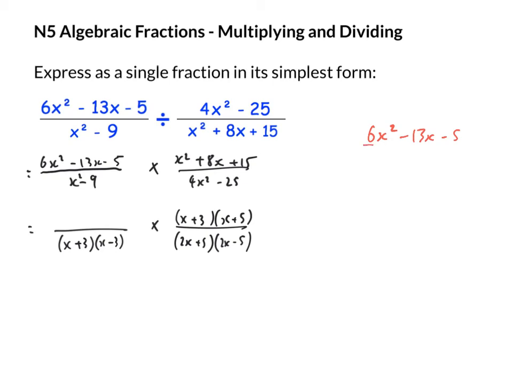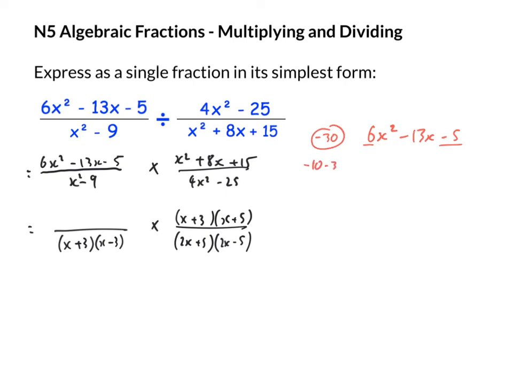I'm going to multiply the 6 by the negative 5 to get negative 30. I need to find two factors that will multiply to give me negative 30 and add up to give me negative 13. Now be careful, you might be tempted to go, well, negative 10, negative 3.